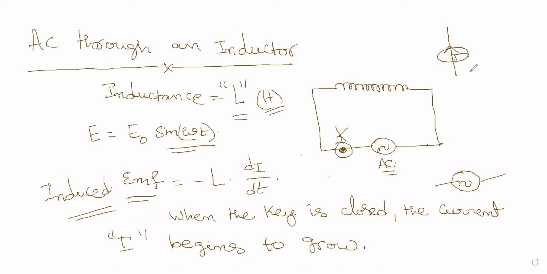So when you have an alternating current, the magnetic field also flip-flops. In one moment the current will be in this direction, the next moment in the opposite direction, so the magnetic field will also be changing because of this current. Hope you know this, right?